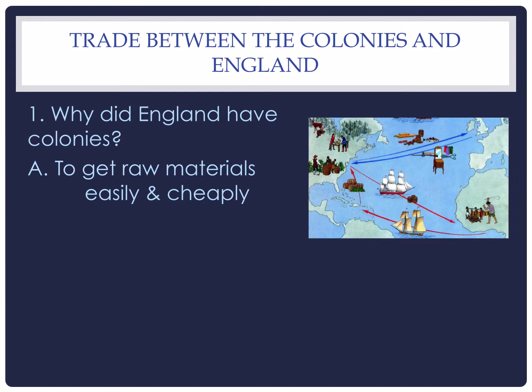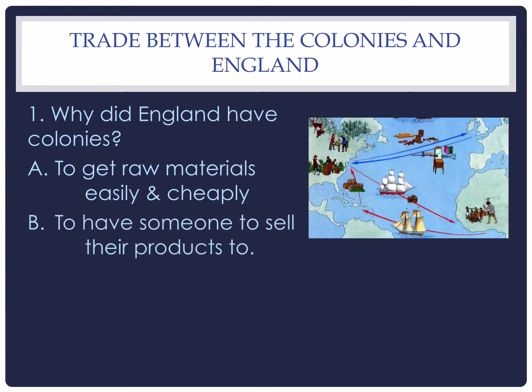And you can get things like lumber and different crops and unfinished materials. And colonies provide a nice place for people in England to sell their goods to. So people who made things in England would want to get them overseas and sell them to people living in British colonies.